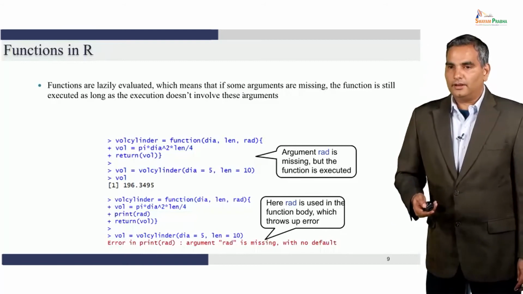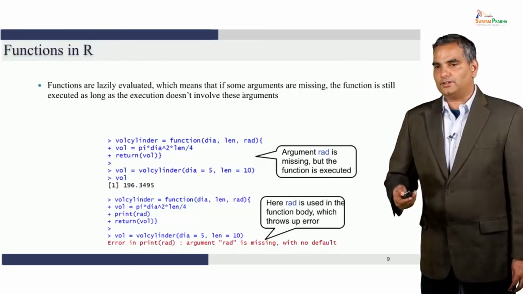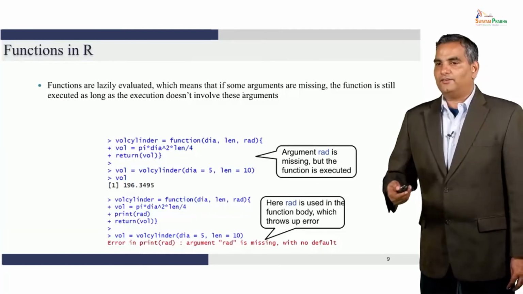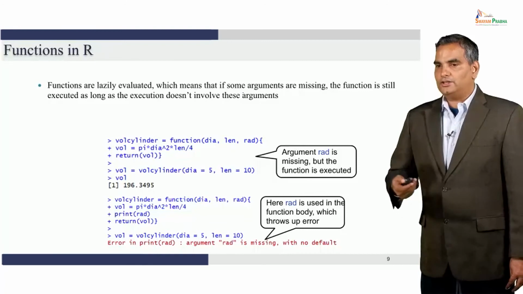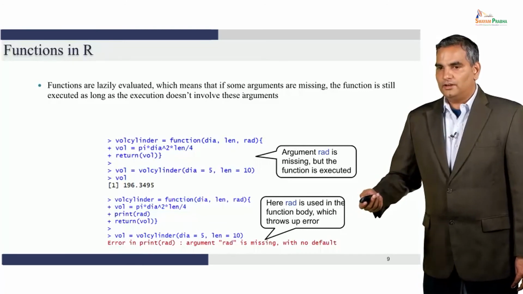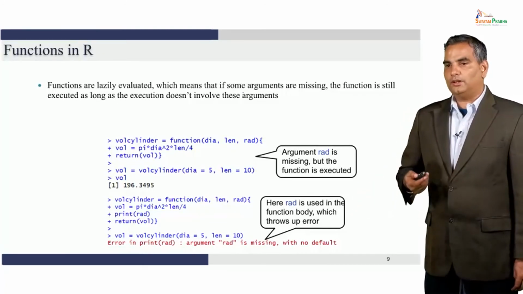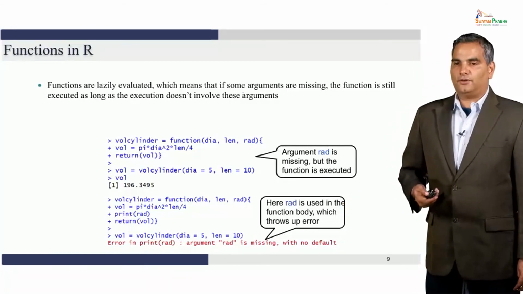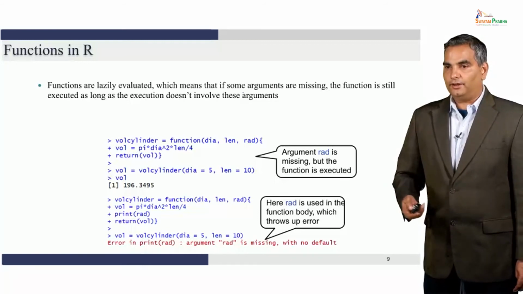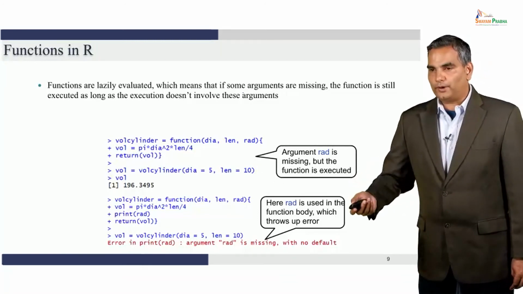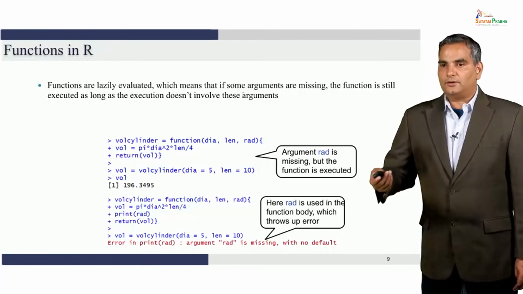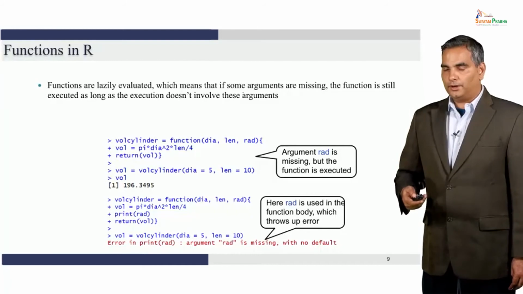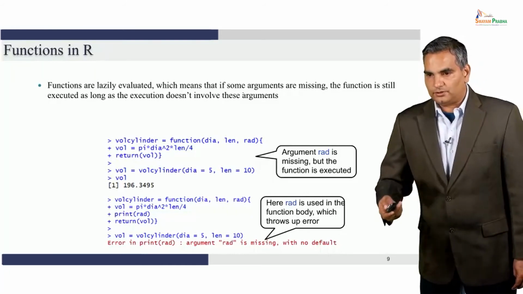Now notice inside the function, the volume only uses the diameter and length to return volume. Now you would think that whenever I invoke volume cylinder, I should invoke it with 3 arguments. But in the first case, we are invoking it with only 2 arguments, diameter is 5 and length equal to 10. I still get a result for volume which is 196.3495. Though I didn't provide any value for RAD, since that was not used within the function, there was no error thrown.